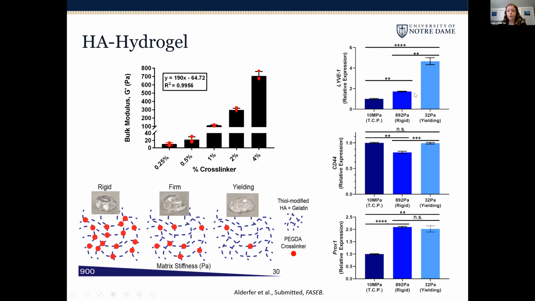When we have our softer gel, we see an increase in LYVE1 expression, which, remembering back to the other picture, is important for capillary development. And we also see an increase in PROX1, which is important for collecting vessels. So this is telling us that the mechanics alone are somehow controlling our system, and we can maybe tune those to create the type of lymphatic vessels that we desire.